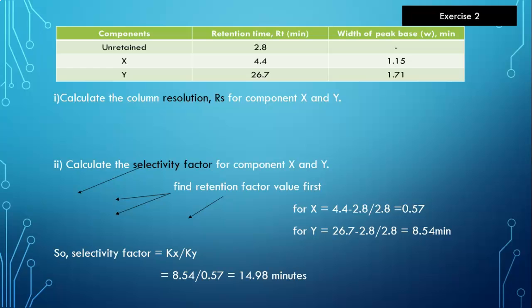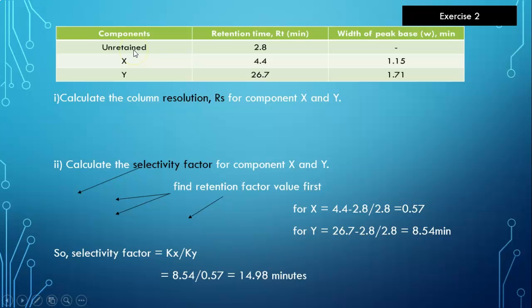The table given here is the result that we got from an HPLC chromatogram. So we have the components, retention time, and width of peak base given by W, all in minutes.